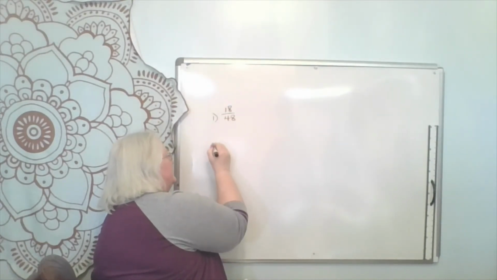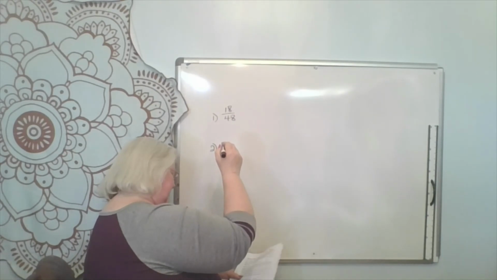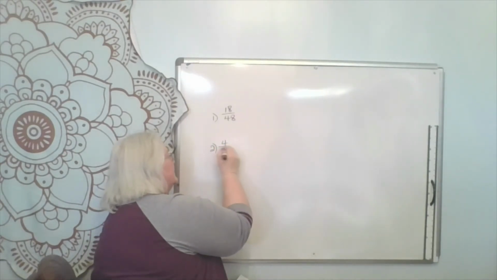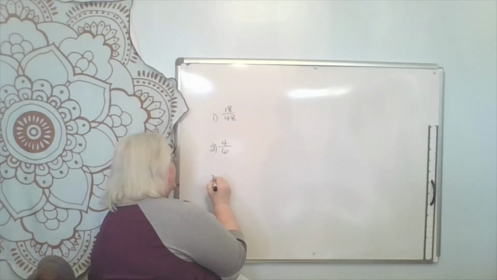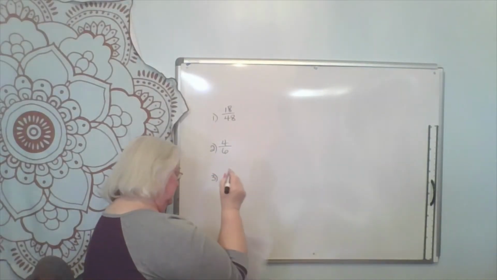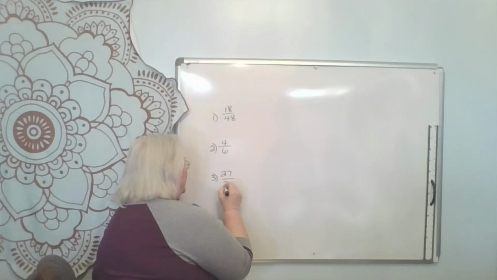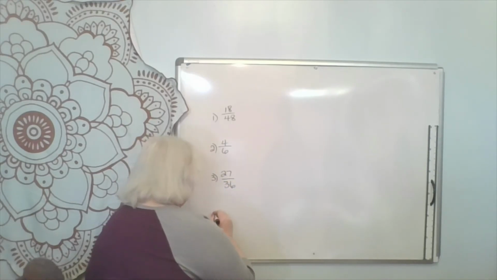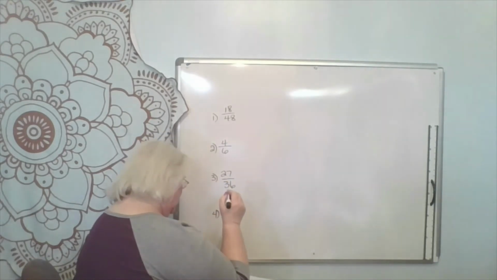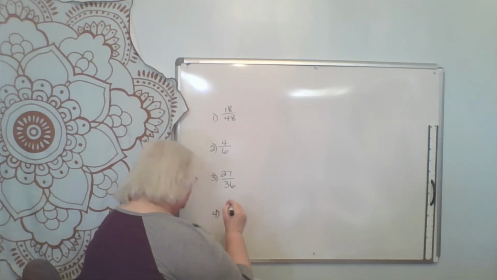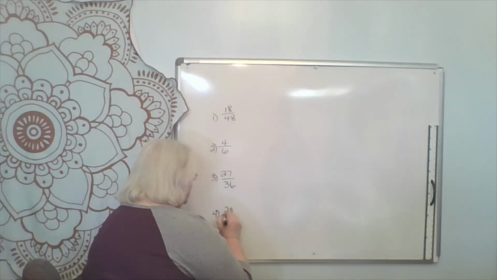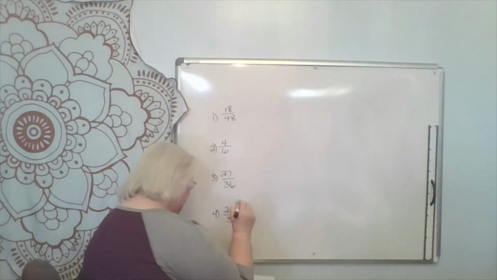Number 2 will be 4 over 6. Number 3, 27 over 36. And number 4 will be 24 over 36.